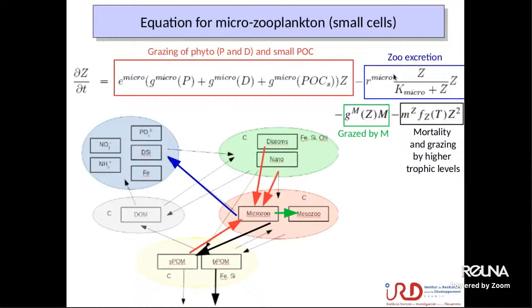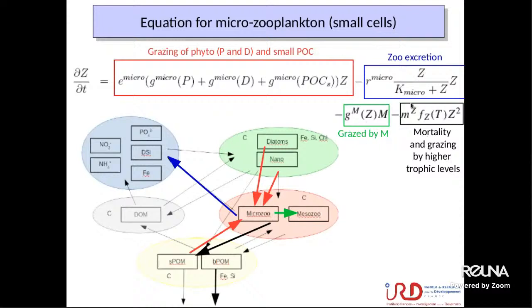Then you have excretion. Excretion is linear with this Michaelis-Menten parameterization again. So you lose matter by excretion. You also lose matter by being eaten by bigger zooplankton. So there is grazing, this green arrow. The microzooplankton is grazed by the mesozooplankton.